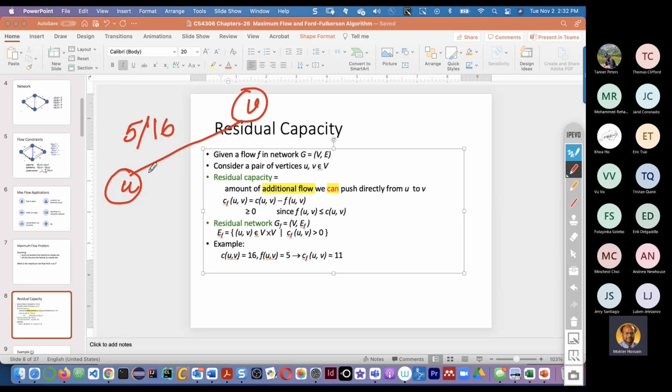So that means C of F will be 16 minus 5, 11 units. And remember that the residual capacity will always be written as a positive number.